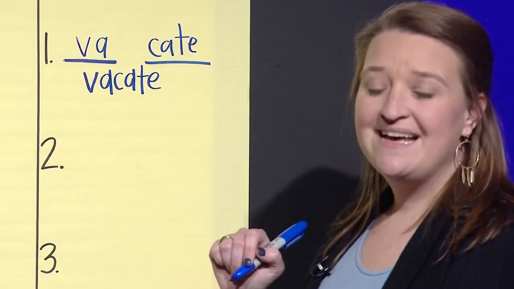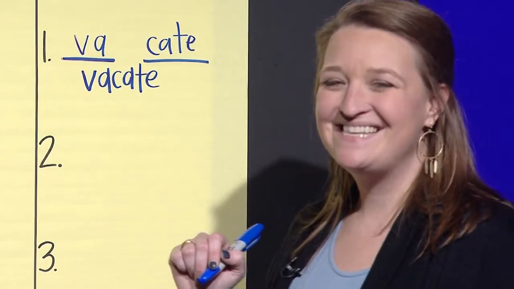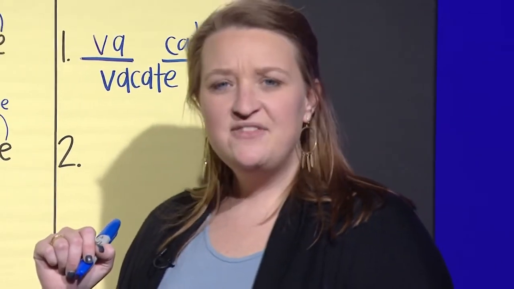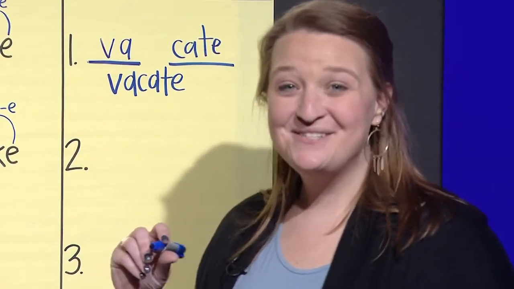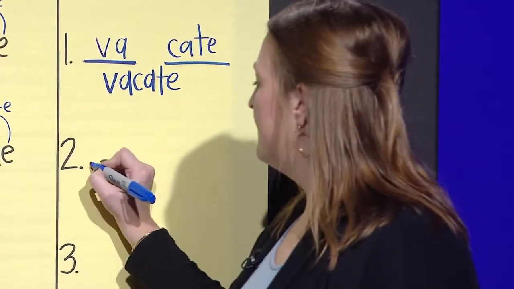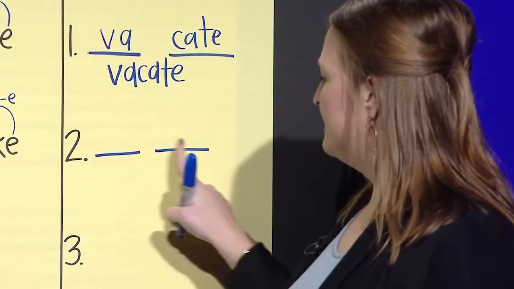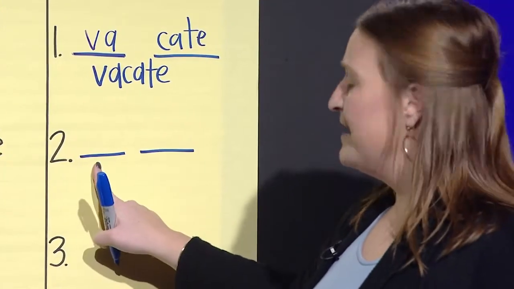Here's our word, escape. Escape. Can you say that? Escape. Count the syllables with me. Escape. I hear 2 syllables. So remember, for each syllable we hear, we will draw a line. Escape. All right, what's that first syllable we hear?